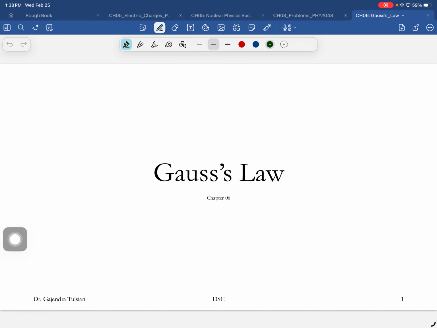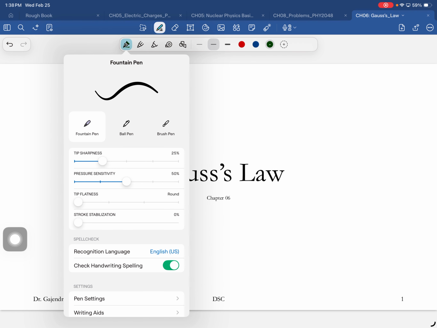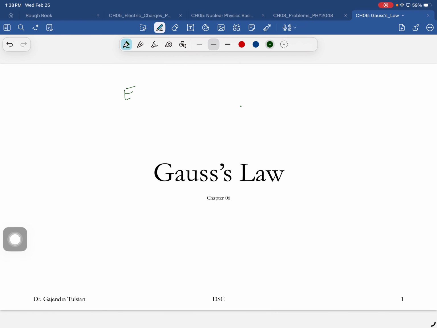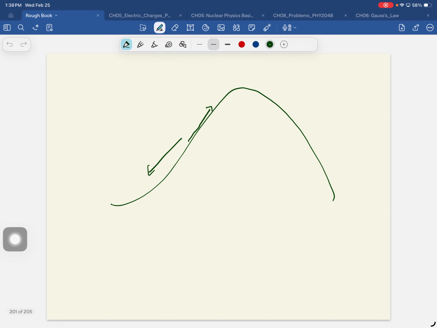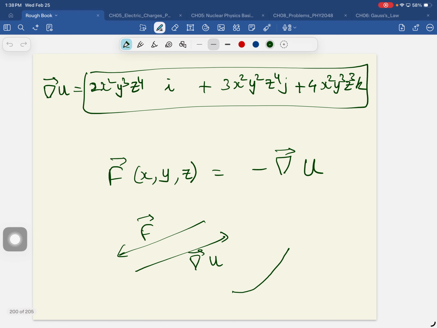It will allow you to calculate electric fields for symmetric charge distributions. Okay, we'll come to that in a second. So for instance, let's first define the problem.